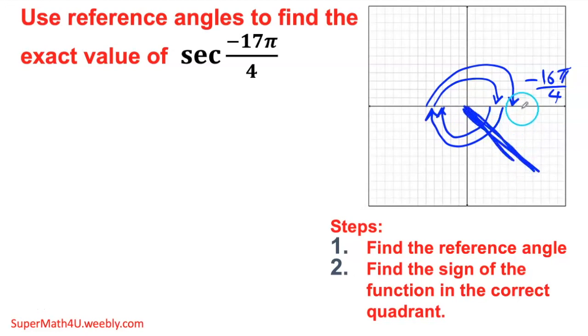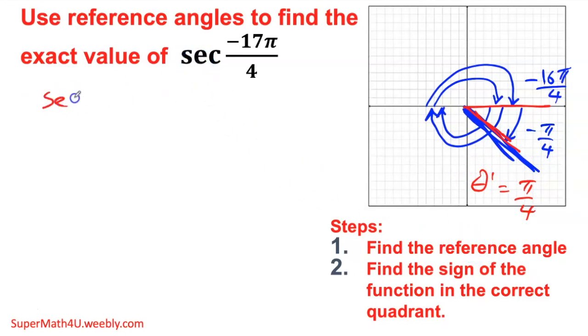So this is negative pi over 4, because negative 16 minus 1 is going to be negative 17. So this will be my reference angle. But remember, my reference angle is always the positive angle that my terminal side makes with my x-axis. So now I know that this is negative, but in our case, the reference angle is going to be positive pi over 4.